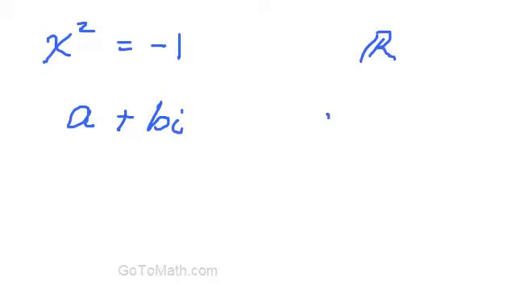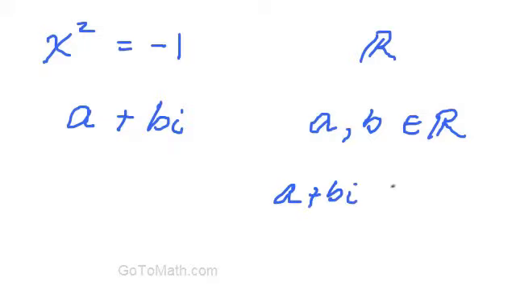So a and b are elements of R. And this thing, a plus bi, is an element of the complex number system.